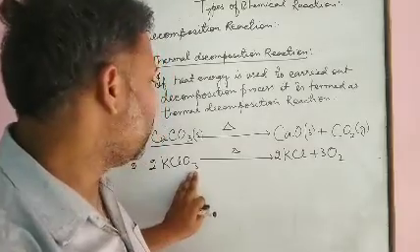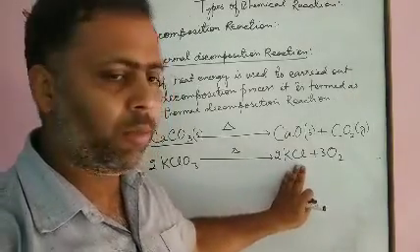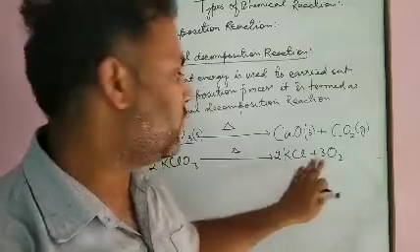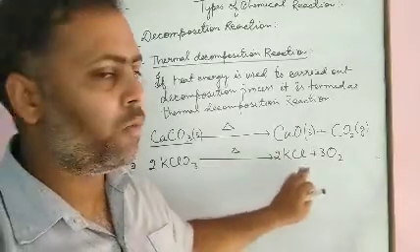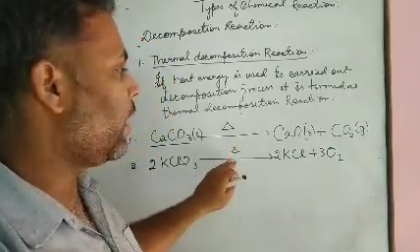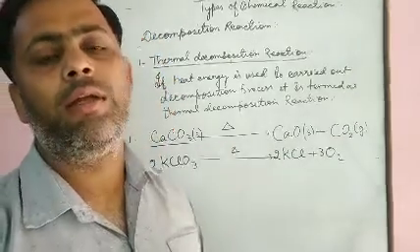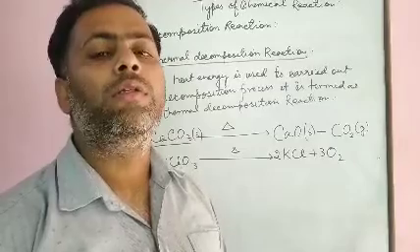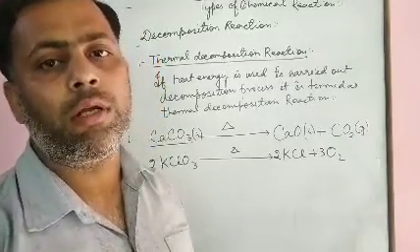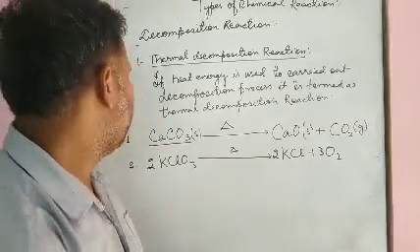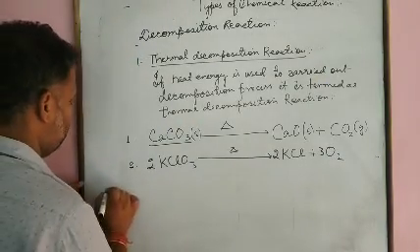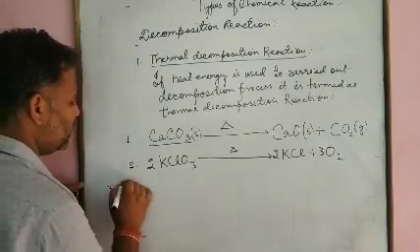When potassium chlorate is heated, it produces potassium chloride and oxygen gas. We see here a single substance or reactant is broken down into more than two products, and it is carried out in the presence of heat. Then it is termed as thermal decomposition reaction.